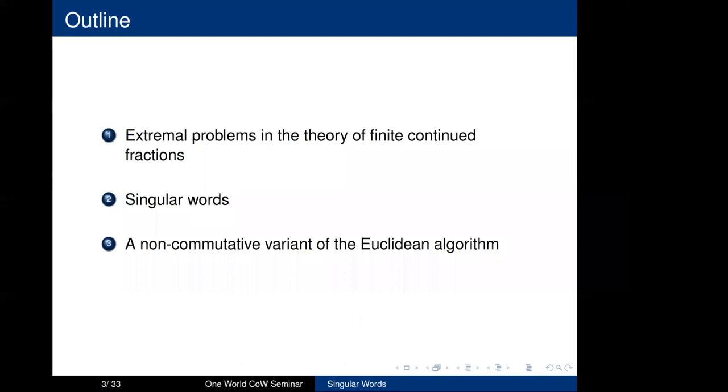So sort of, if you wanted the language associated to symmetric interval exchange transformations. And so anyway, what we do is we develop an algorithm for constructing all finite singular words, because they represent these extremal solutions to these problems. And our algorithm is somewhat reminiscent of the one for constructing Christoffel words, in the sense that there's an Euclidean kind of algorithm.